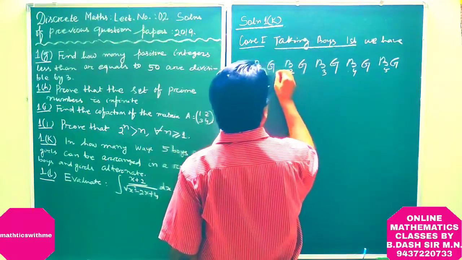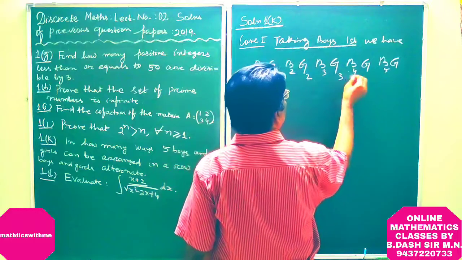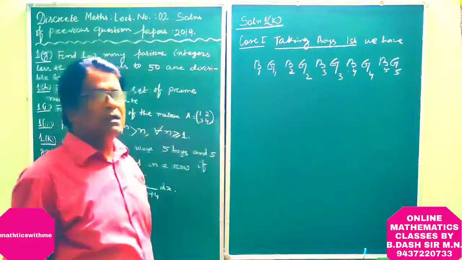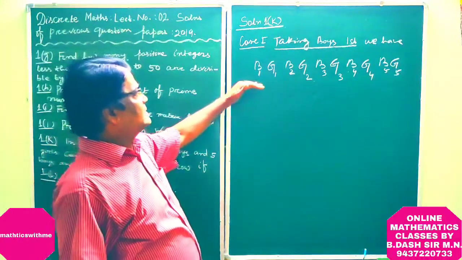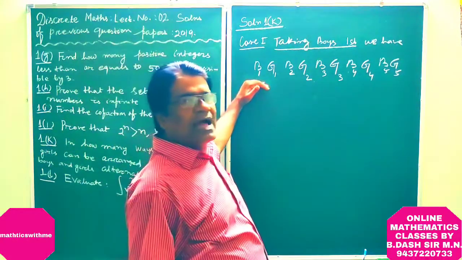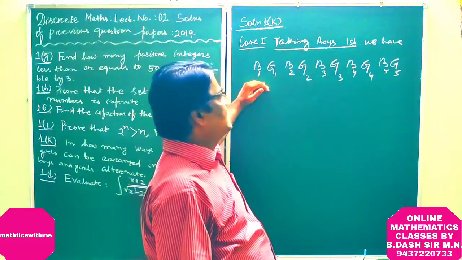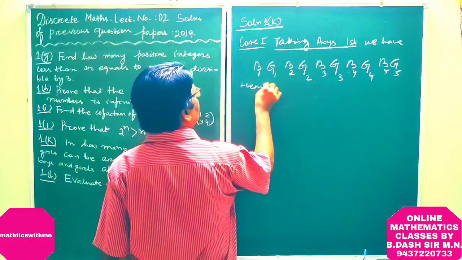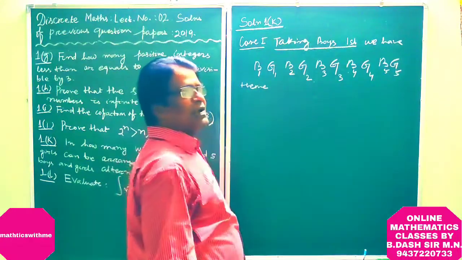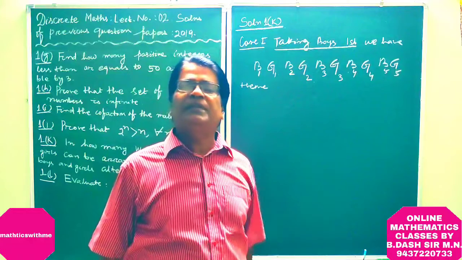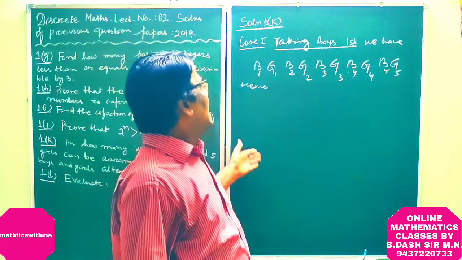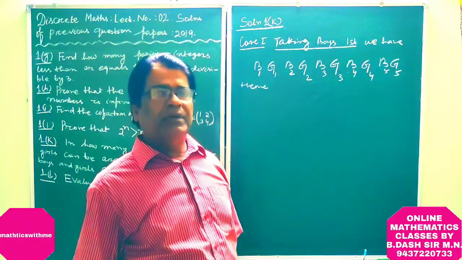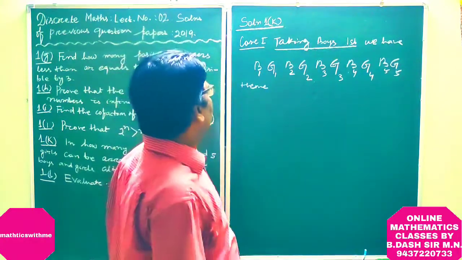B1, B2, B3, B4, B5, G1, G2, G3, G4, G5. So here, taking boys first, we will have the arrangement of this type. Here 5 boys can be arranged among themselves in 5 factorial ways, and 5 girls also can be arranged among themselves in 5 factorial ways.